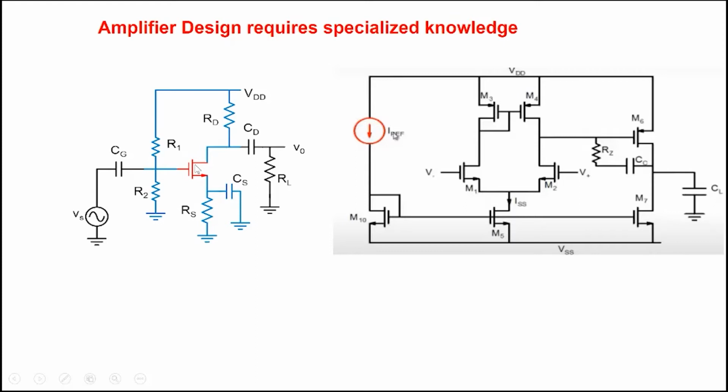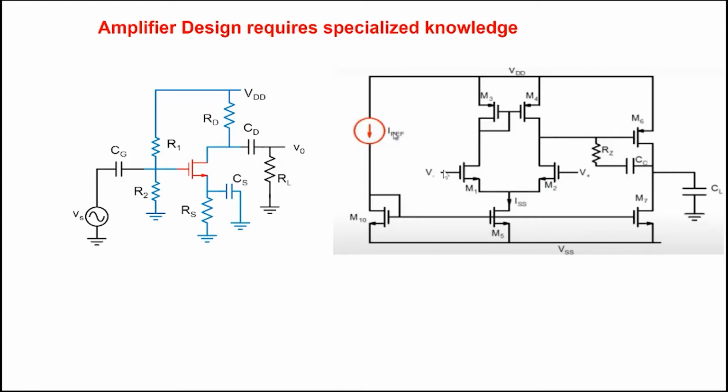And often the amplifier, what we call a single stage amplifier, consists of one single transistor only. Often the demands of the application are such that we have to add several stages of amplifiers. As an example, this shows a more practical MOS-based amplifier circuit, and we can see that there are several transistors, and there are at least two stages of amplification here, and then the design becomes even more complicated.